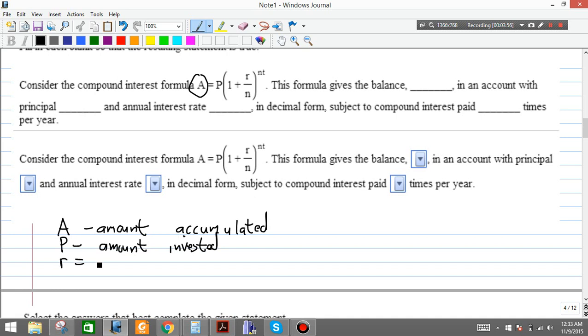R is the interest rate. N is the number of compounds per year. How many times are you compounding the interest per year? And T is the number of years.